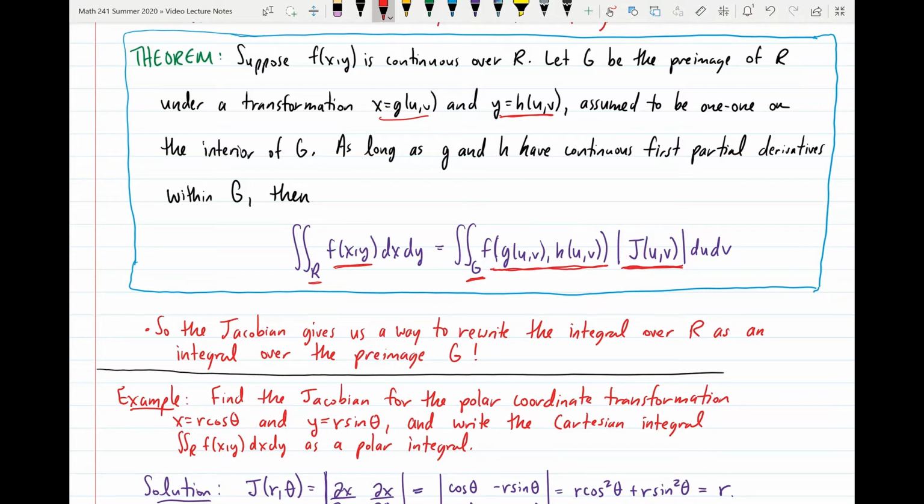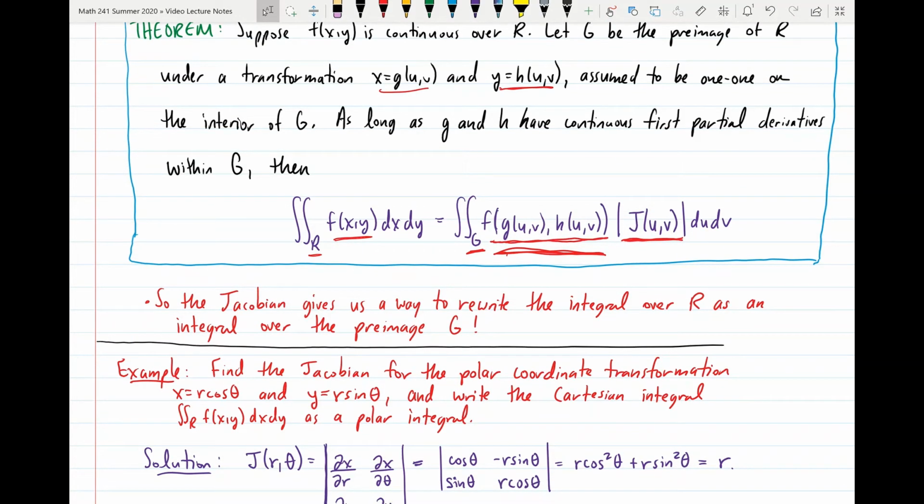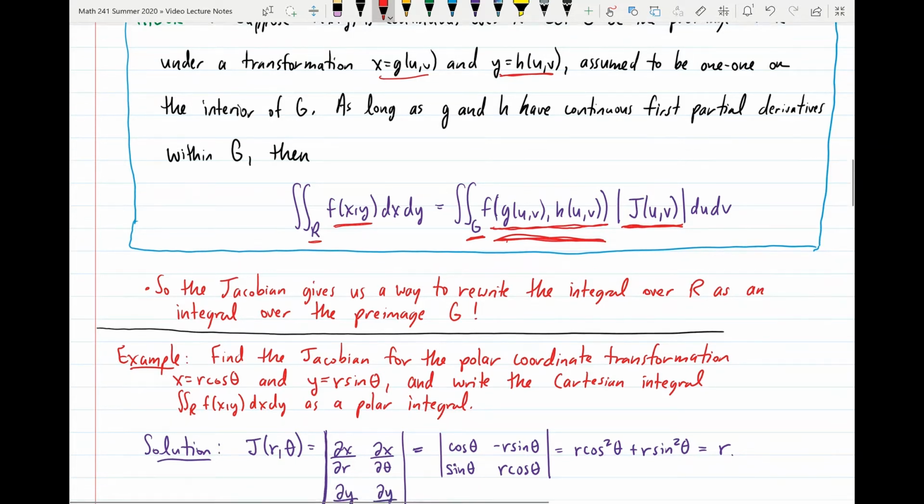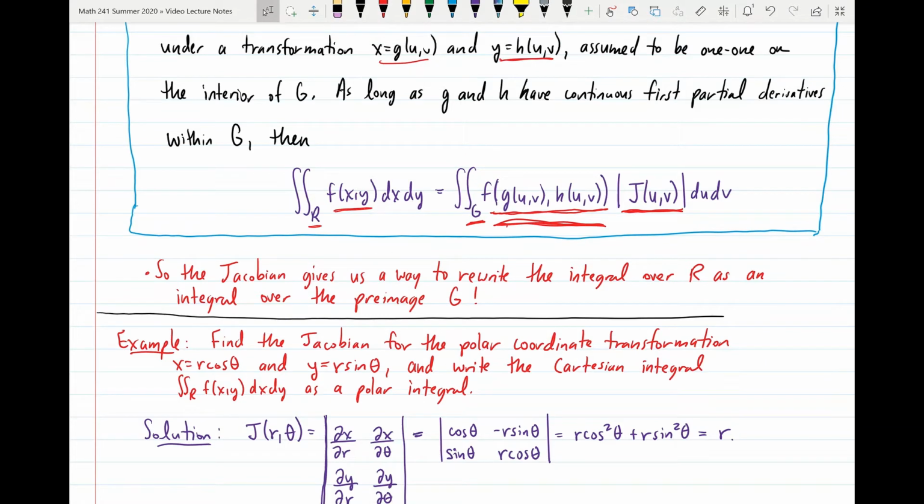And the reason that this is important is because sometimes I can find transformations, x is equal to g of u v and y is equal to h of u v, such that I can rewrite my original integral in the form of this second integral here, and this second integral will become much easier to evaluate, either because the region G becomes much simpler and we can find limits of integration that are a little bit easier to calculate, or because when we view f as a function of u and v, f becomes a more simple function.